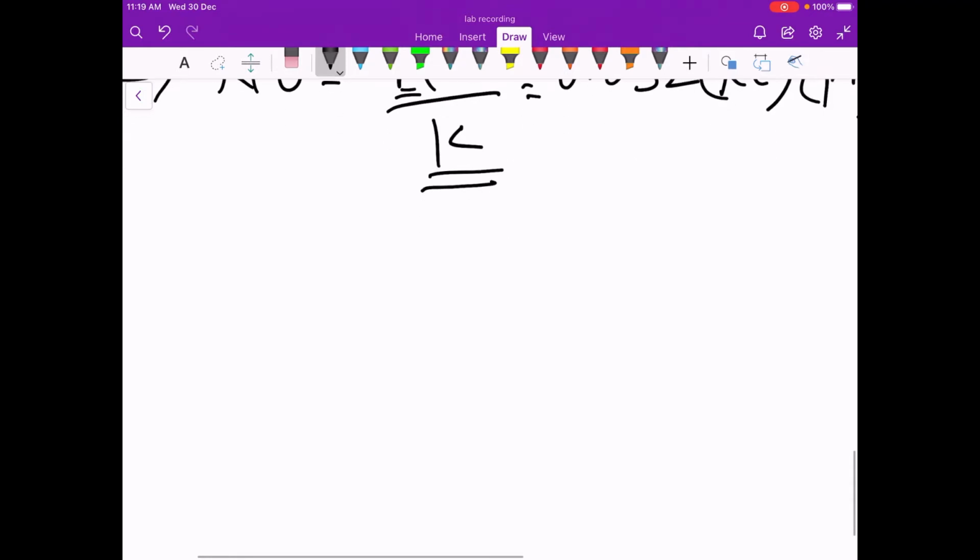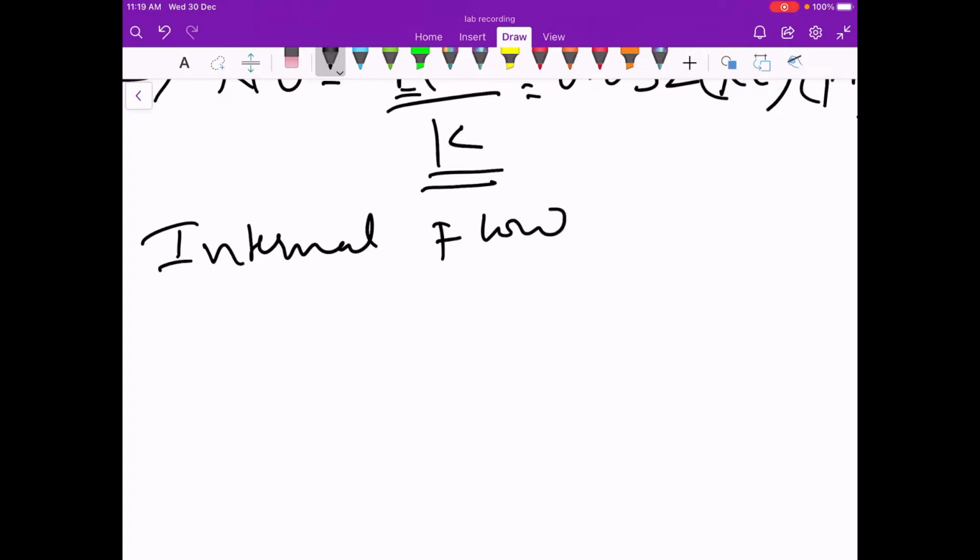Now coming to the internal flows, which is the experiment connected to this particular video.